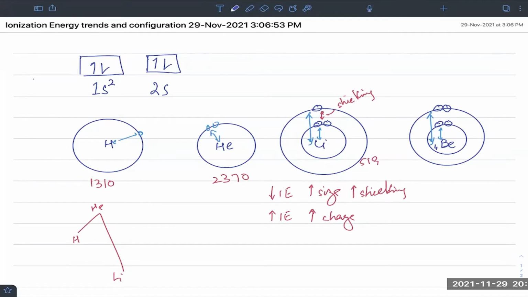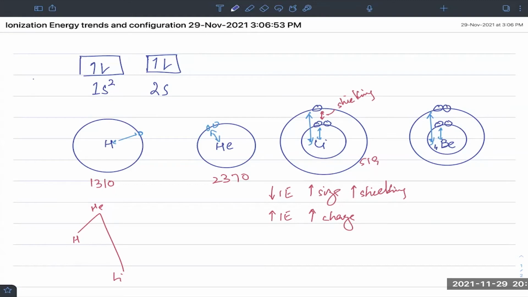What does spin pair repulsion have to do with ionization energy? Like if it increases, will the ionization energy also increase? Spin pair repulsion is that electrons that are paired up repel each other, which means it's easier to remove them. The ionization energy decreases because of that.